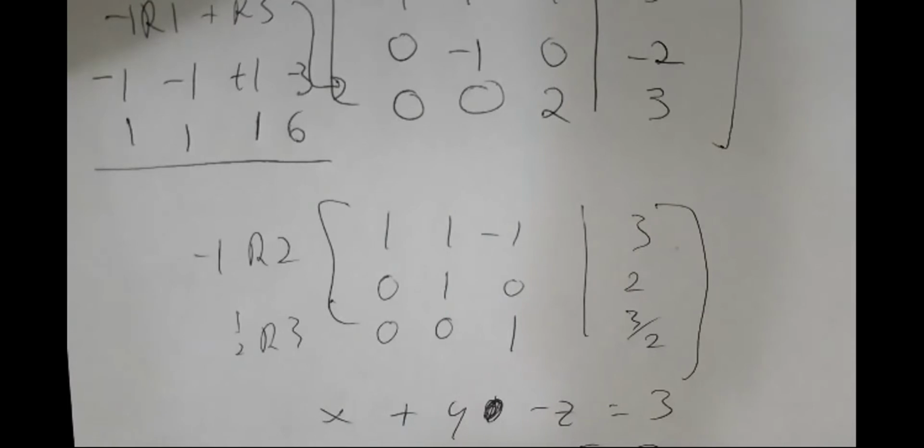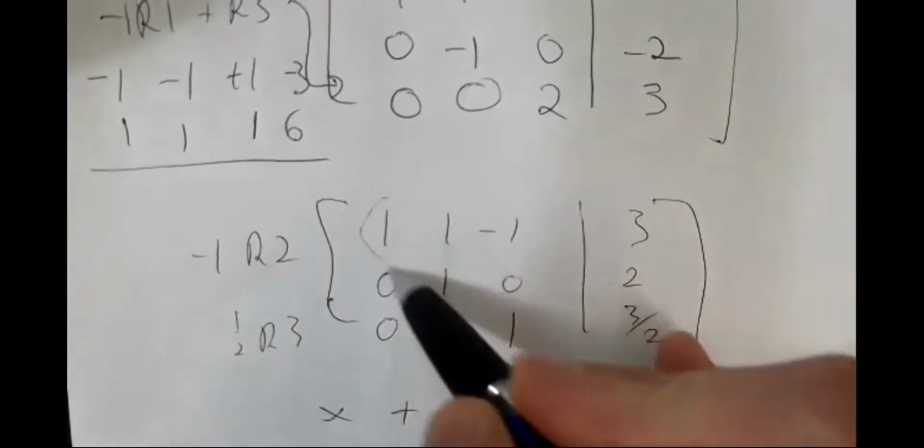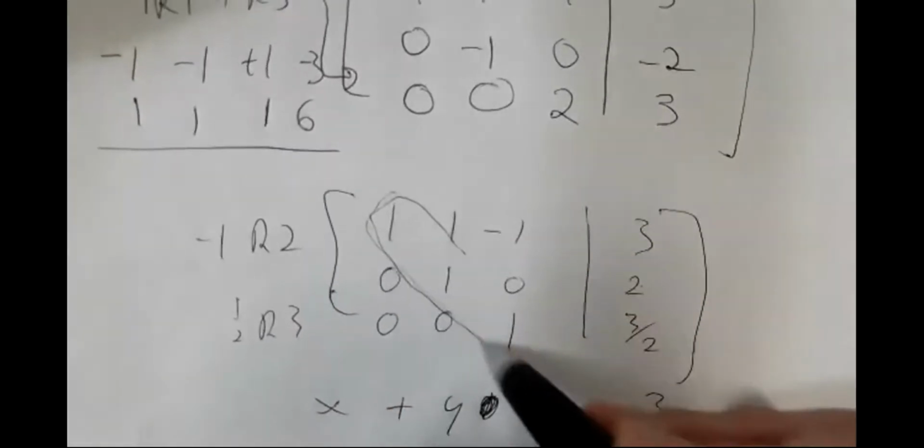If they don't get all the ones, like if they get it down to a 1, a 0, and then the 0 in the second column, third row, they can back solve from there. Do you want them to have all those ones, or do you care if they can stop and back solve from there? If they're doing row echelon form, I want the 1s here and I want the zeros below it.